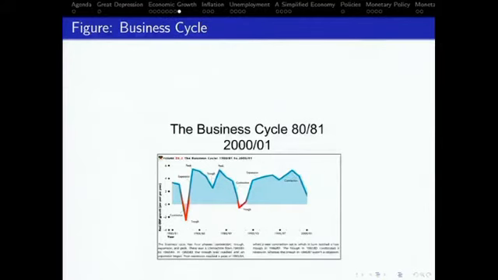Here's the example. For a long time, macroeconomists have been trying to predict the business cycle. What causes this business cycle? And you are not wrong. Whatever you are doing, the demand and supply, private spending, government intervention, they're using a lot of models to predict that business cycle.